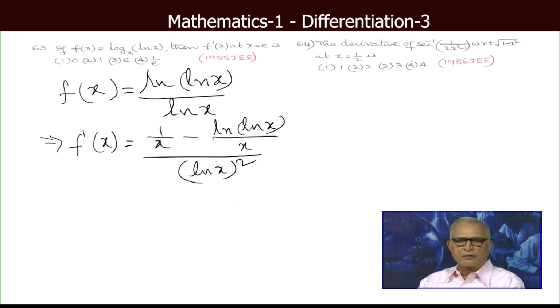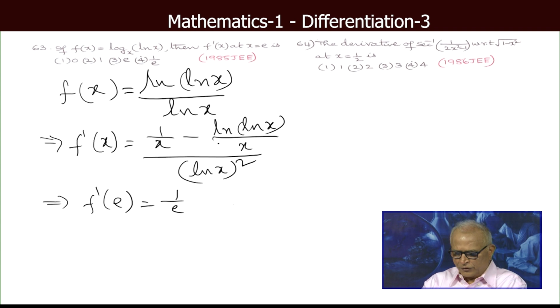Ln x into 1 by x ln x is 1 by x, minus ln x into 1 by x, by ln x whole square. He wants f dash x at x equal to e. f dash e is 1 by e minus 0, because ln e is 1, ln 1 is 0, and the denominator is 1. So, 1 by e is the answer.